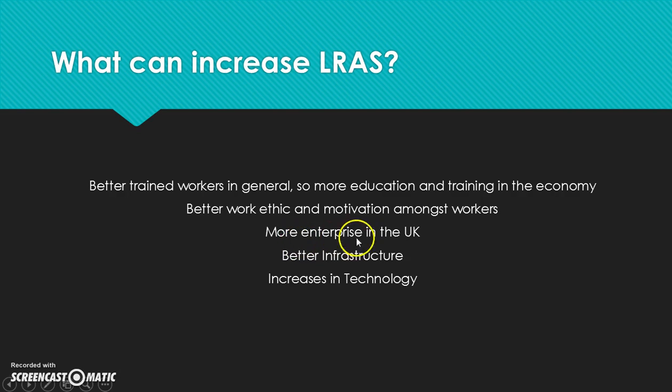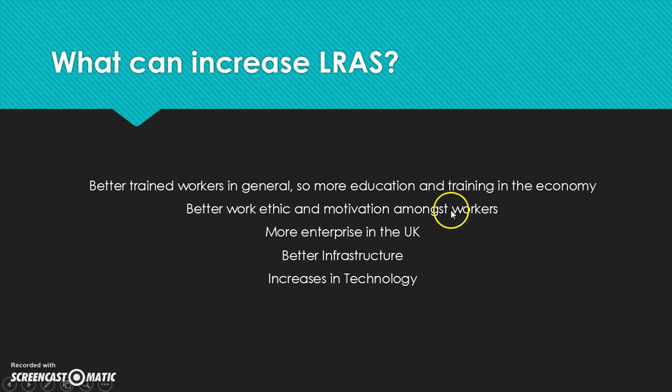More enterprise means that we're encouraging more people to set their own businesses up. More businesses means more being produced, which means more supply. Better infrastructure and increases in technology, both of these things allow more supply to be created in the long term.